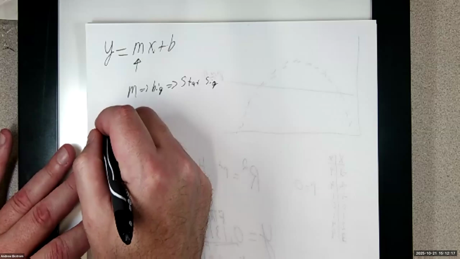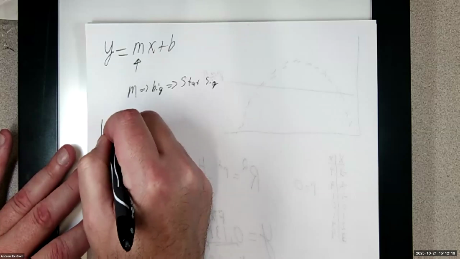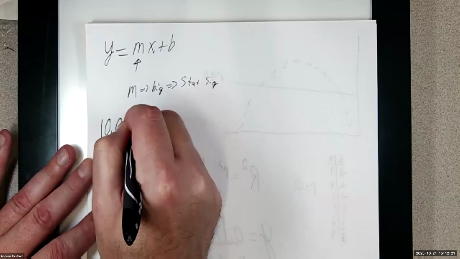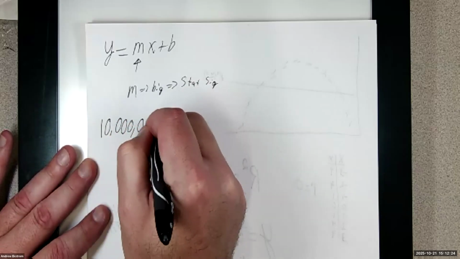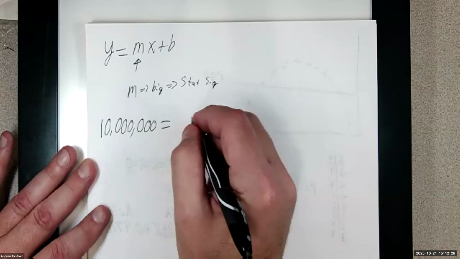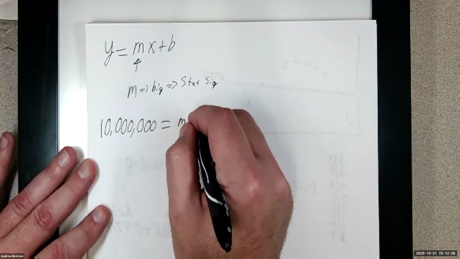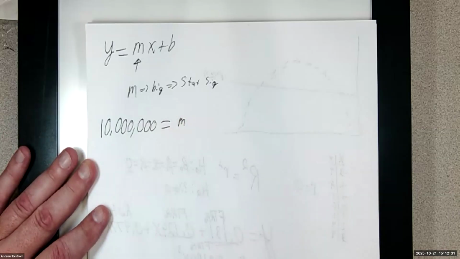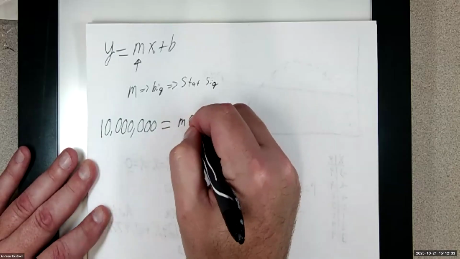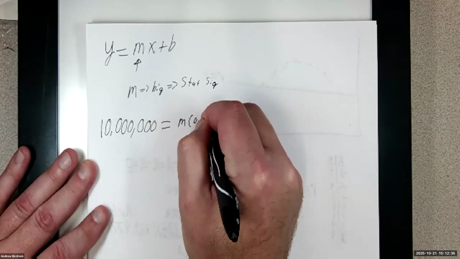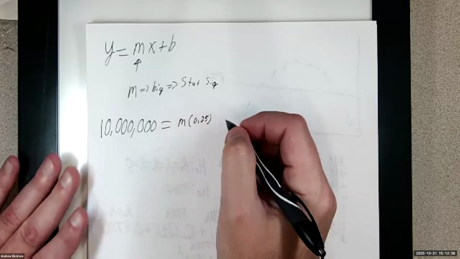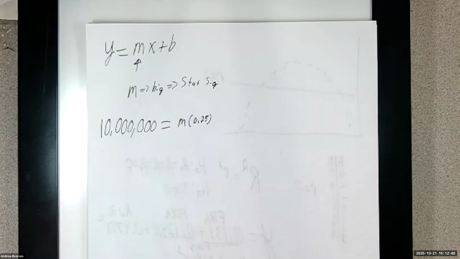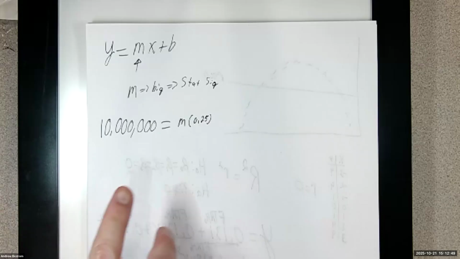For example, if I've got data, and this actually comes from when I was working as a chemist, trying to create something called a calibration curve. The result that I'm looking at is the area of a triangle, which the software determined was, say, 10 million.